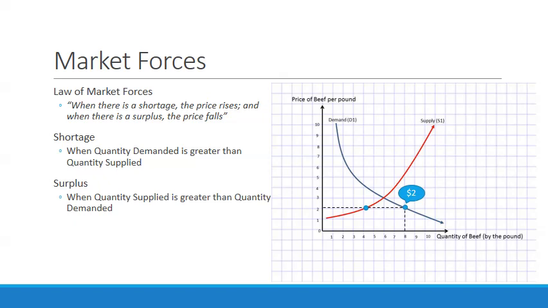But suppliers are only going to be willing to produce 4. So you can kind of think about it like this. Remember we said this idea of consumers and also producers being willing and able. So at a price of $2, consumers are willing and able to purchase 8 pounds of beef.